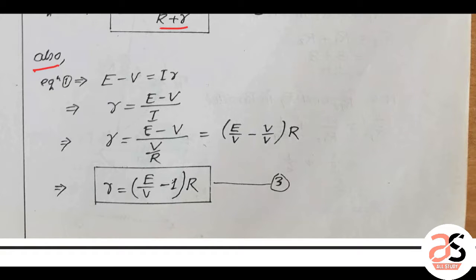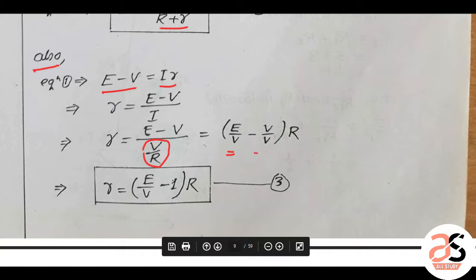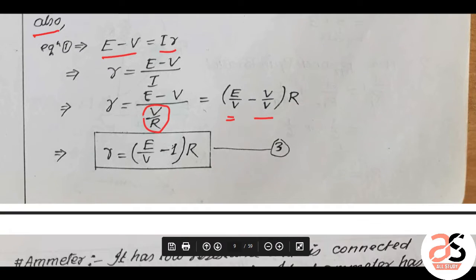Also the expression can be written as, taking V on the left side, it will be E minus V on the right side, Ir. So small r from here is E minus V by I. In place of I we can write V by R. So finally this will be E by V, with this R taken here, V by V. So V cancels out.